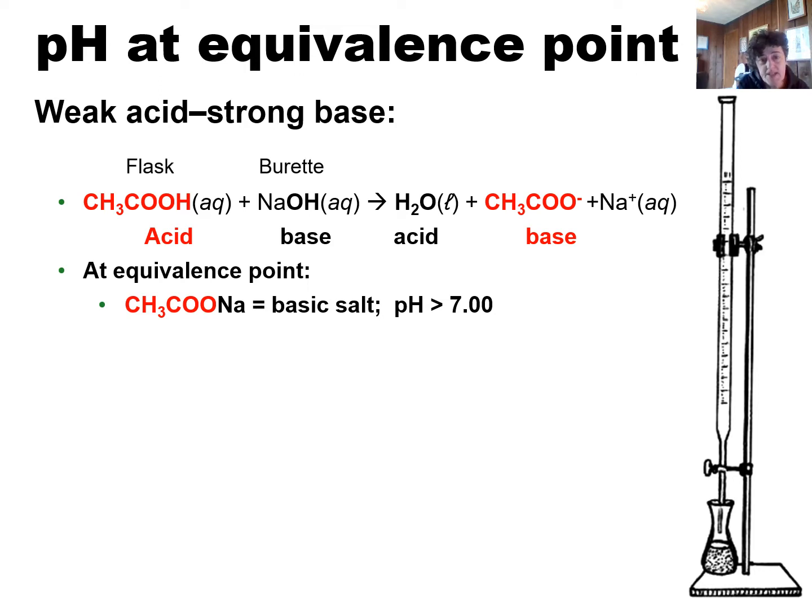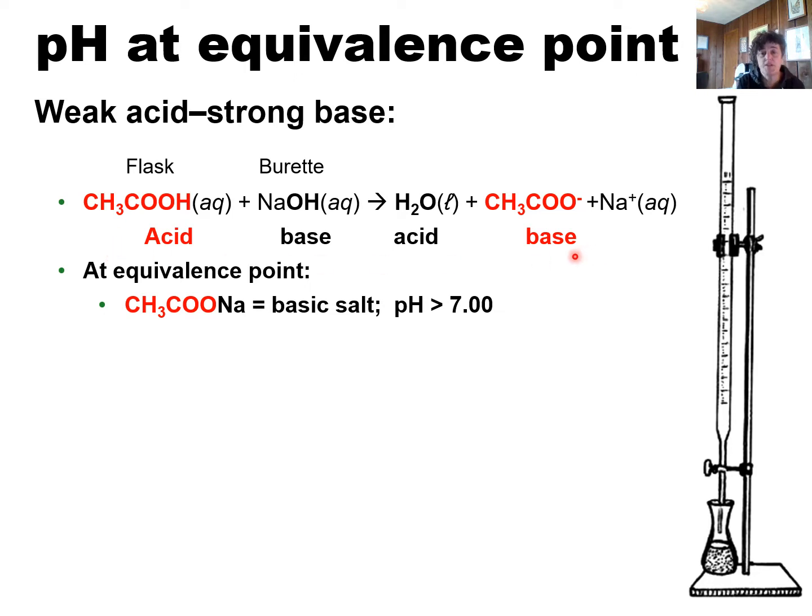So the acetic acid is in the flask underneath, and we are trying to determine its concentration by using sodium hydroxide that's in the burette, and that's a strong base. When we look at the products of this reaction, we have acetate ions. That's the conjugate base of acetic acid, which is a weak acid.